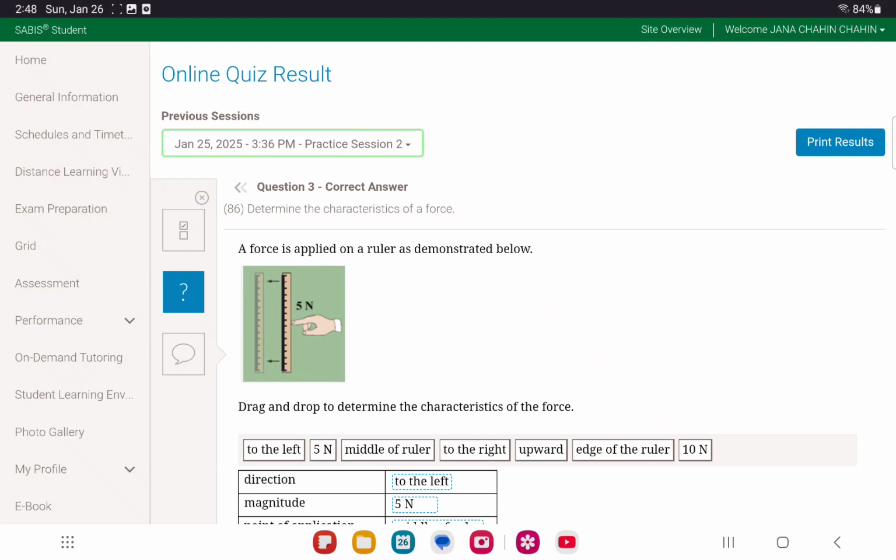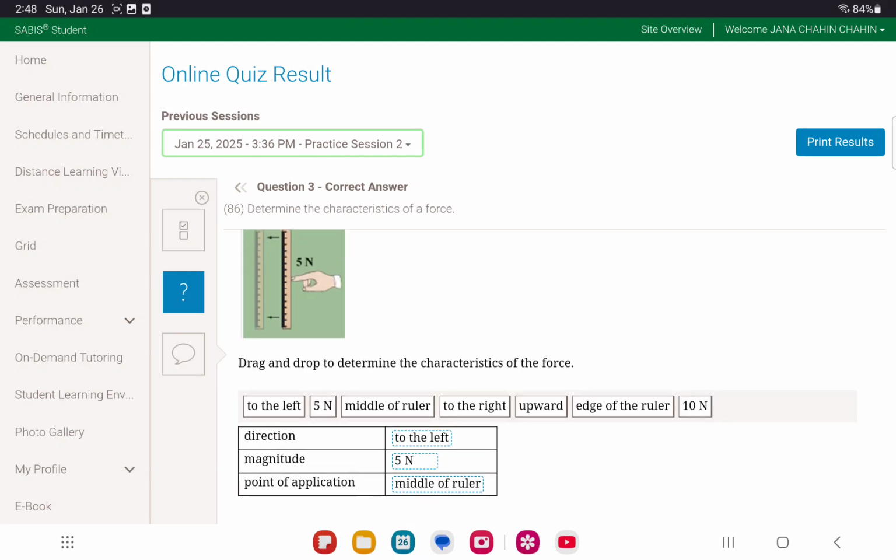Magnitude, they already show you the magnitude here. They're telling you it's 5 newtons, so 5 newtons. Point of application, we said point of application is where the force acts. So here it's between these two.